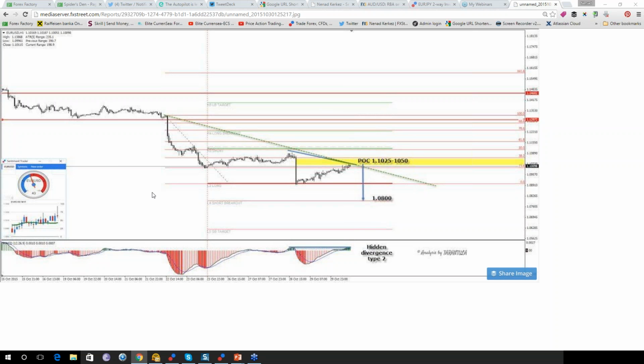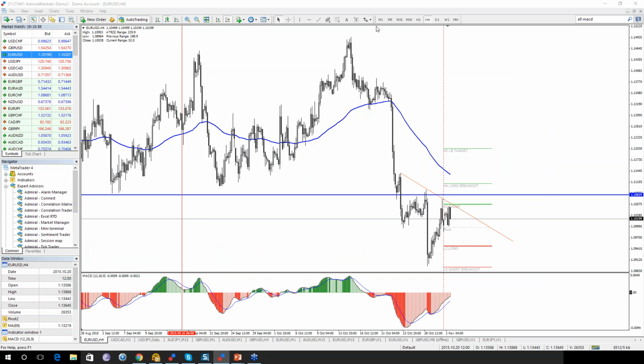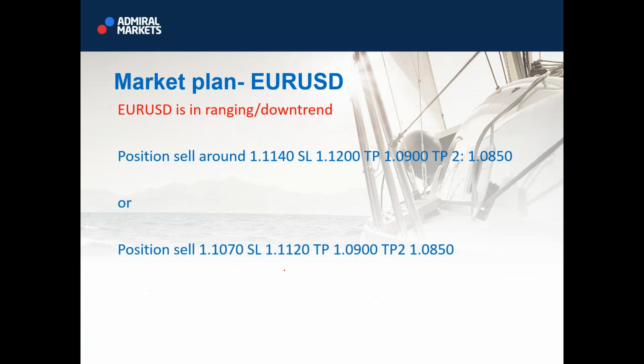My opinion is that euro dollar is still short into rallies. I will share the screen now. You can either try to short from this region, or you can wait for a bigger pullback to sell around 1.1140 with a stop loss of 1.1200.